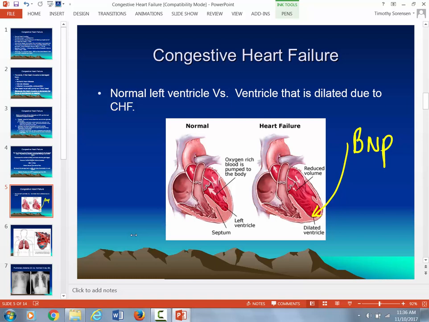Are you following me? So on a person who comes in with shortness of breath and they don't have a lot of history, they will draw a BNP. And if the BNP is elevated, then the shortness of breath is related to an overstretched ventricle and they have congestive heart failure.